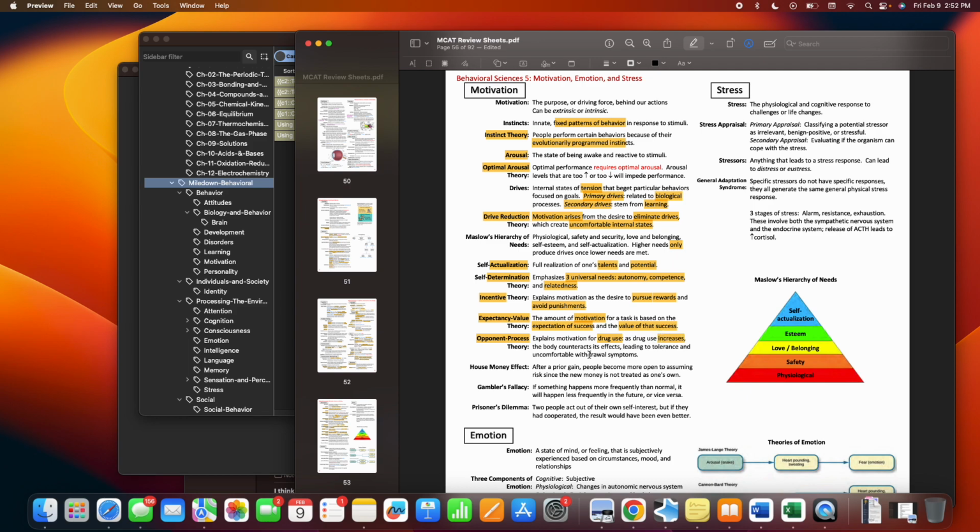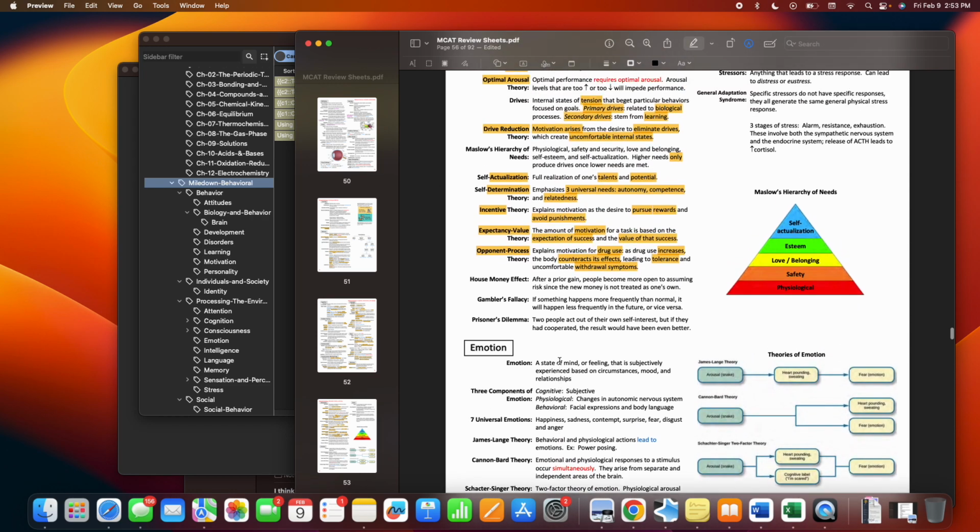So you increase drug use, leading to tolerance and uncomfortable withdrawal symptoms. So, opponent process theory. That's why you don't want to be addicted to cigarettes, marijuana, alcohol. Trust me, this is science. Ha, I'm getting you, eh?